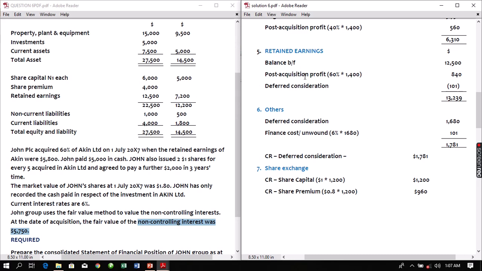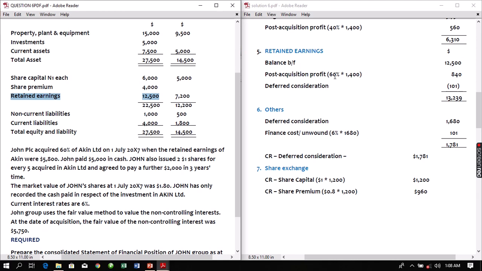What is the balance brought forward of retained earnings? As given in the question, the retained earnings is the one for the parent company, and the parent company in this case has retained earnings of 12.5. I bring it forward, 12.5. And don't forget, for any post-acquisition profit in the subsidiary company, the parent will be entitled to 60% of it because it owns 60% of that company.